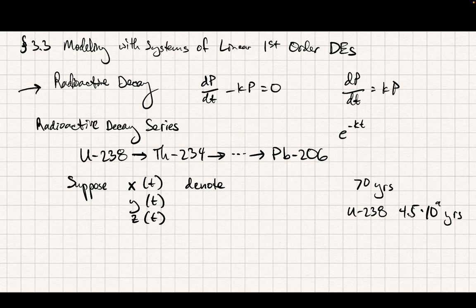This is kind of what you've seen before. We saw this in algebra on the growth of a bank account or radiocarbon dating. So we've seen this concept before, and we saw it in section 3.1.